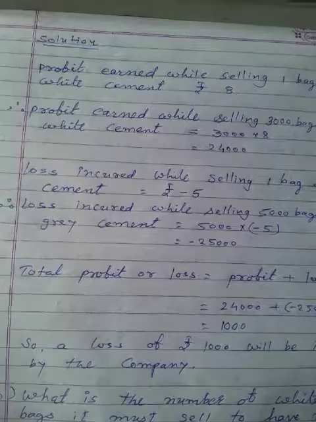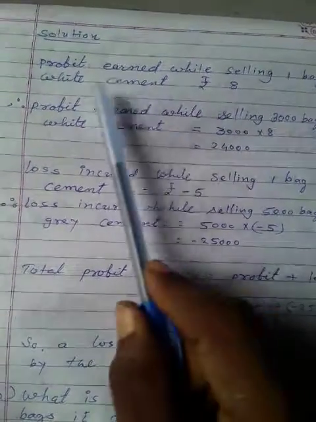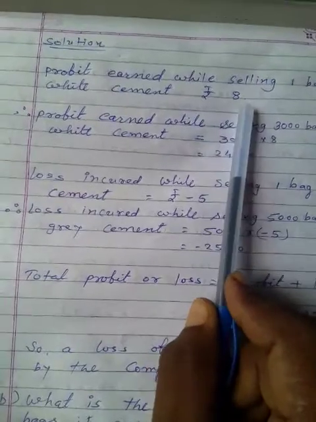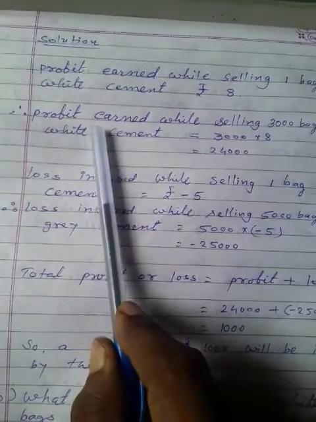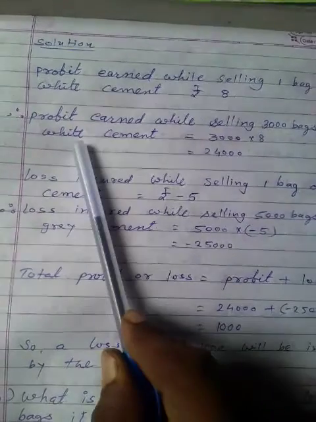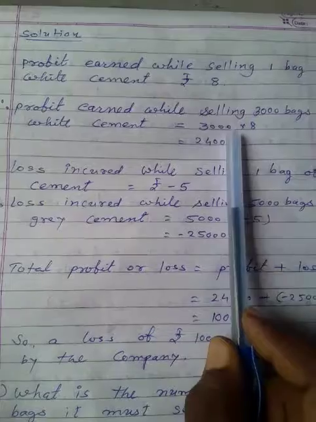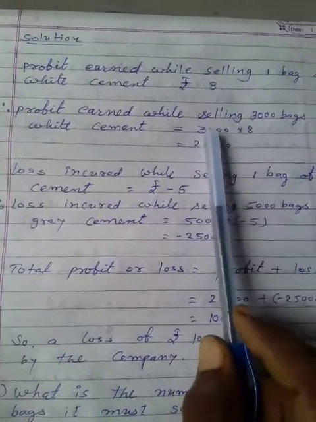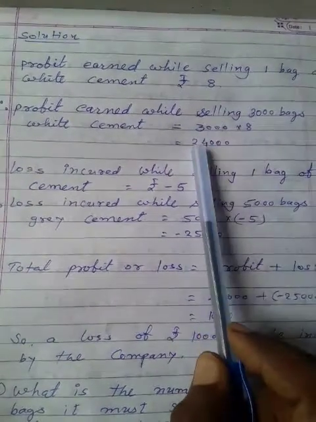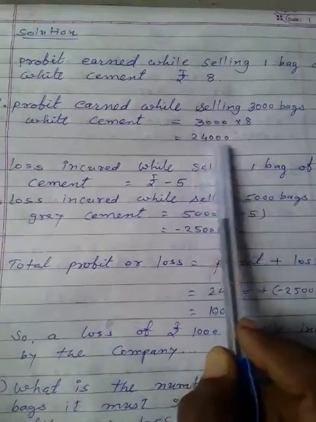Now solution. Profit earned while selling one bag of white cement, rupees 8. So profit earned while selling 3000 bags of white cement is equal to 3000 multiply 8. Okay, 3 eights are 24 and you add 0 0. Okay, 24,000.